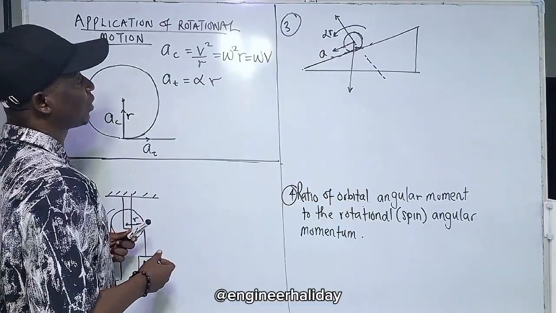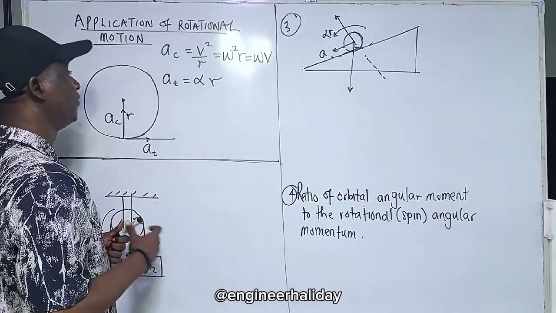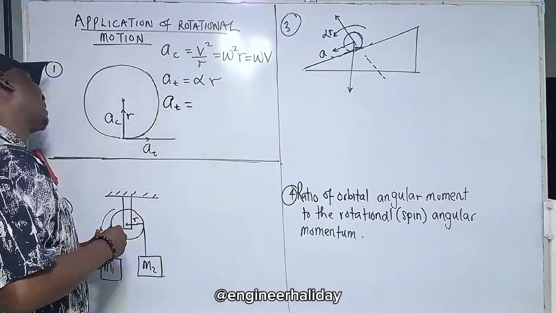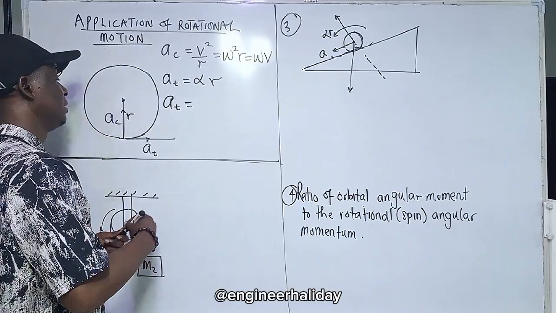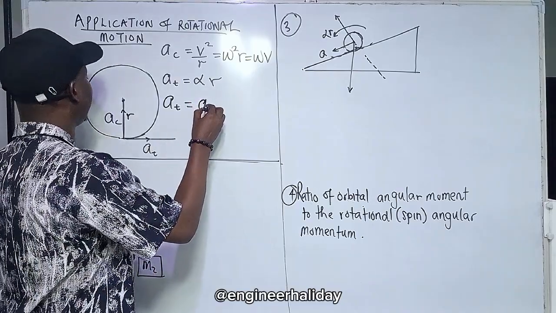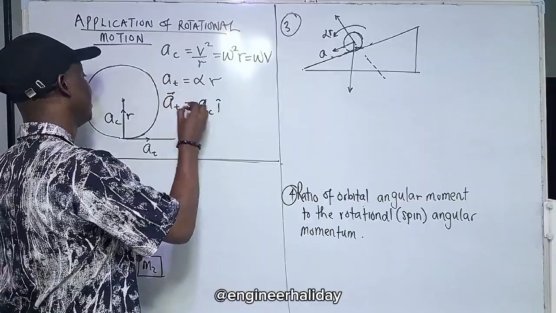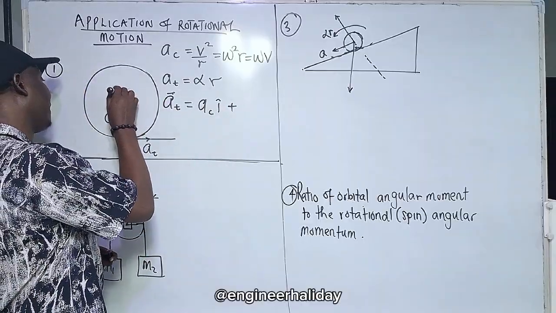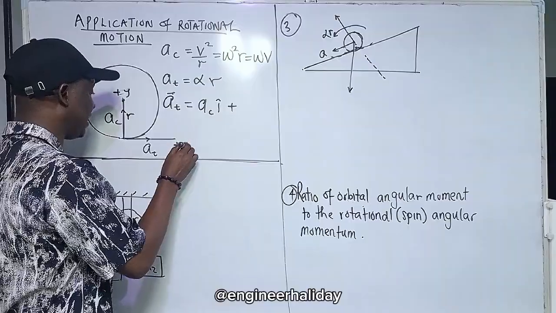Then omega is angular frequency, and v is linear velocity. Now we have what is called total acceleration. Total acceleration can be written in the form a_c i plus a_t j. Let's say this is positive y and this is positive x.